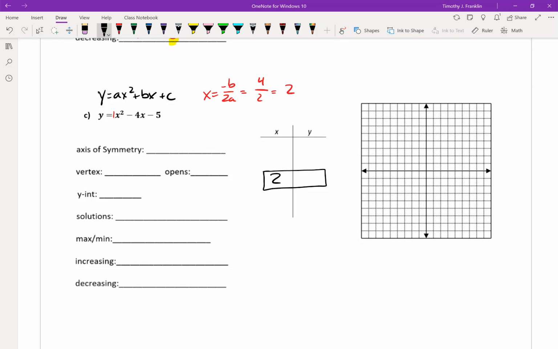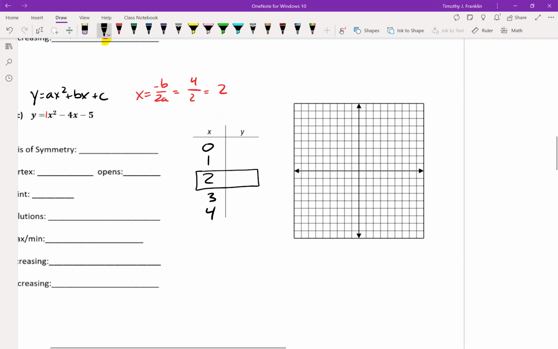So I want to set up my x values based on that AOS. So my goal here is to be symmetrical, I want to pick 2 above and 2 below. So that would be 1 and 0 below and 3 and 4 above. So my 2 AOS is the middle value, and the other 4 I pick based on that.